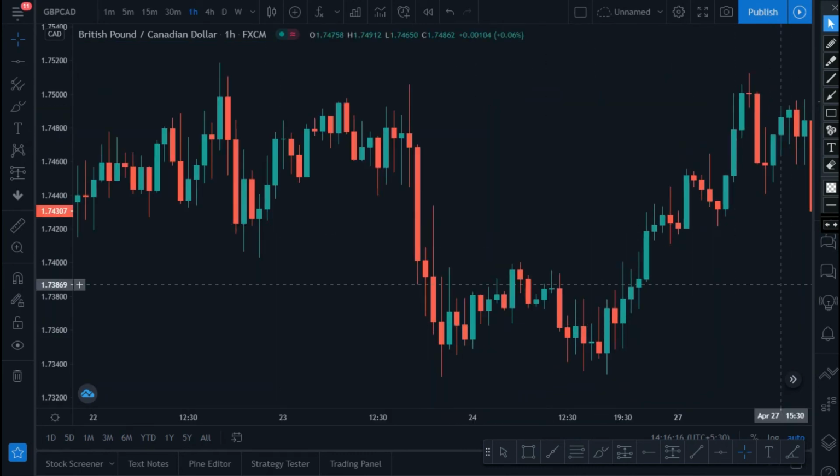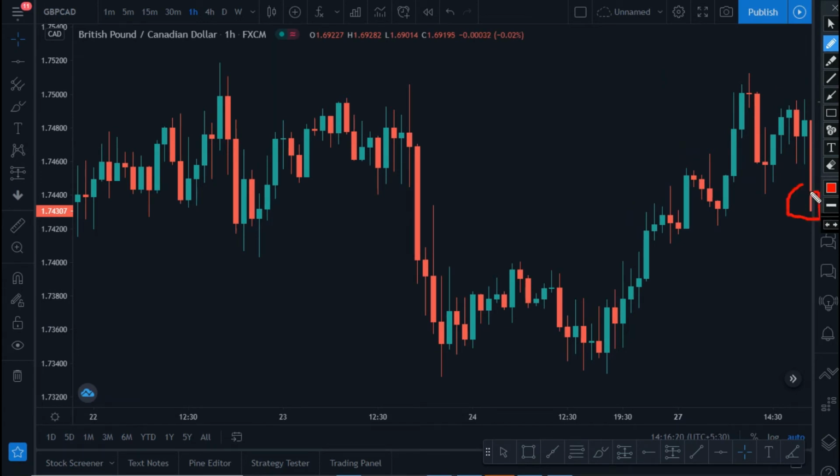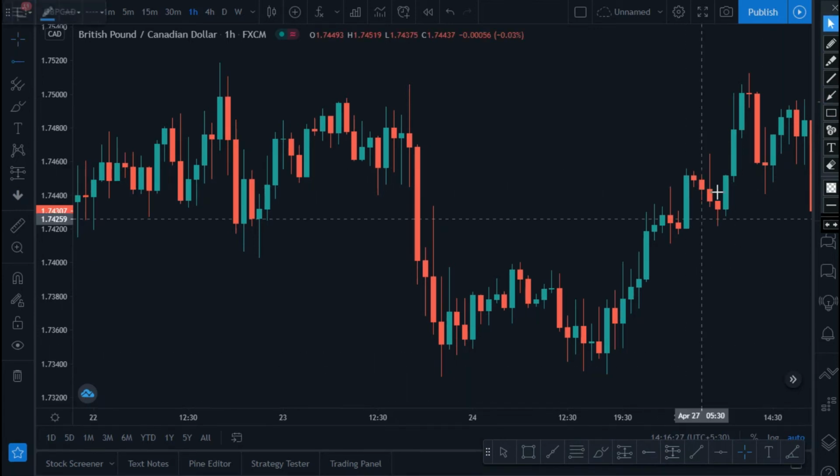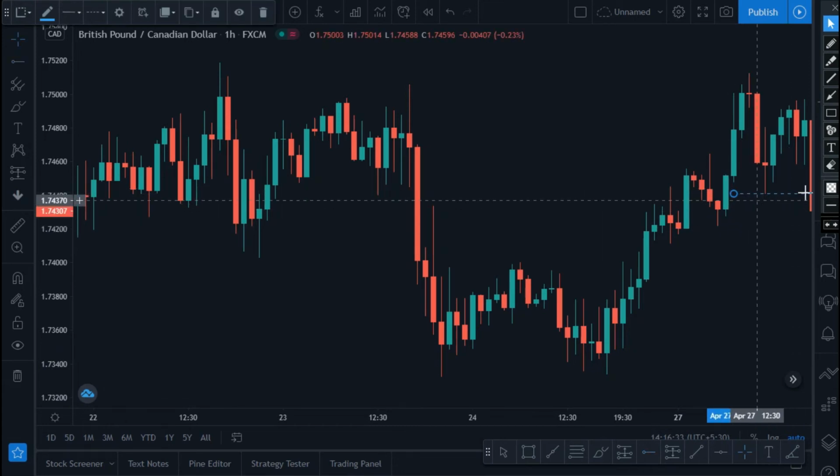As you can see, right now the price is in this area, and I have just noticed that this area is a support area. I really don't know what will happen next.